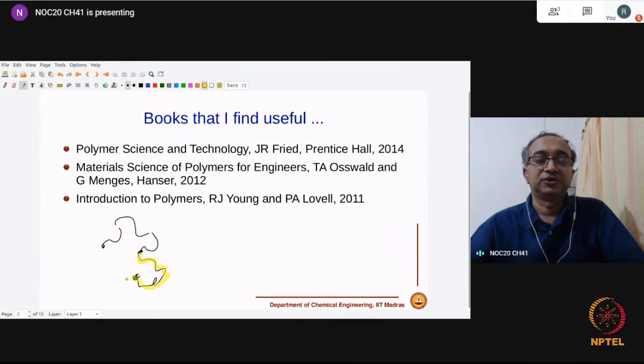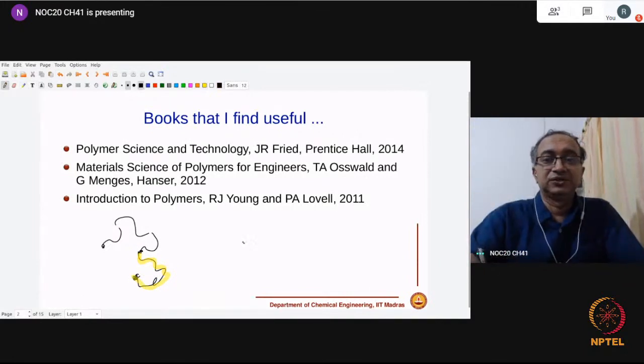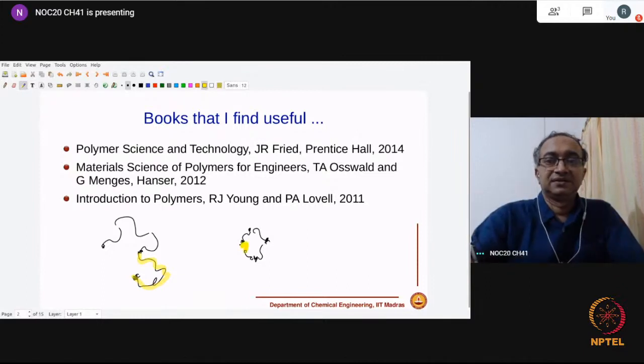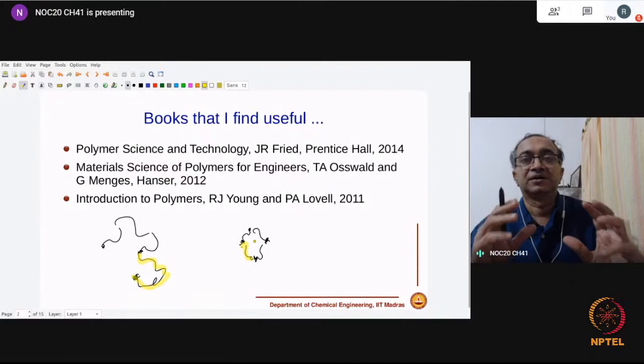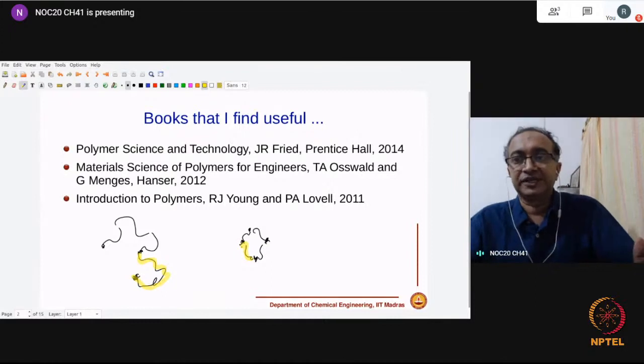And if you have, let's say, a high cross-link density, then you have too many cross-link points, and between cross-link points the length of the chain is very small. So in one unit volume, you will see a lot more cross-link points. That's one way of thinking about cross-link density.